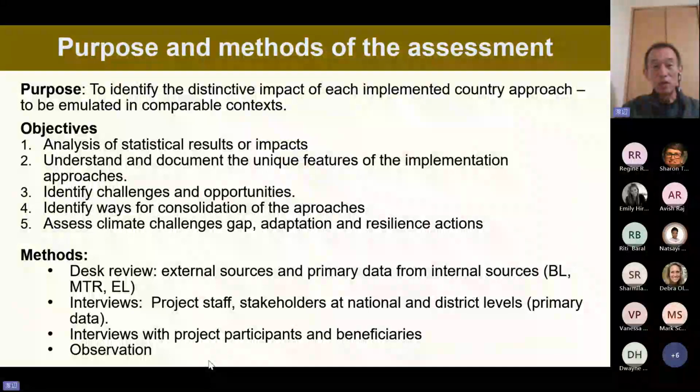The purpose and method of this assessment work is to identify the distinctive impact of the 2-country approach in Laos and Cambodia, so that it can be compared and contrasted.